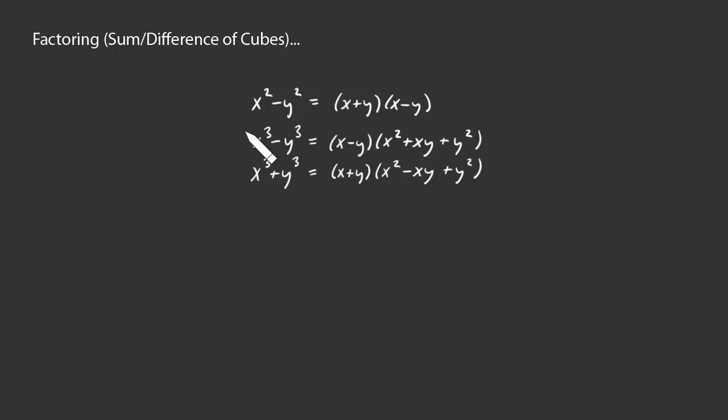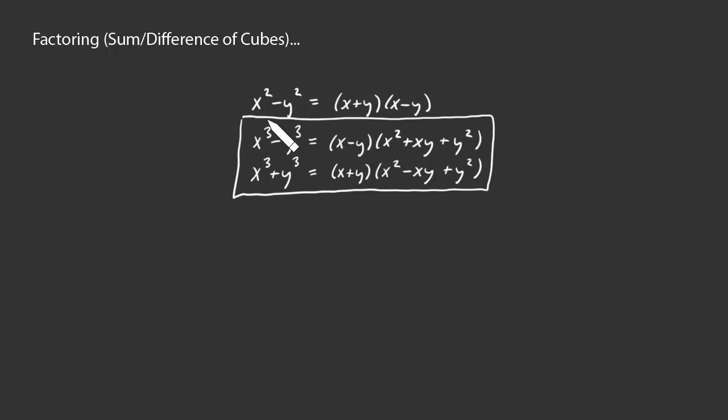Okay, so these two are very, very useful to commit to memory so that you don't have to go through playing around, inserting what terms you need, compensating for your insertions until you can break it into this. We just remember this form and we can use it over and over again whenever we see a difference of two cubes or a sum of two cubes.